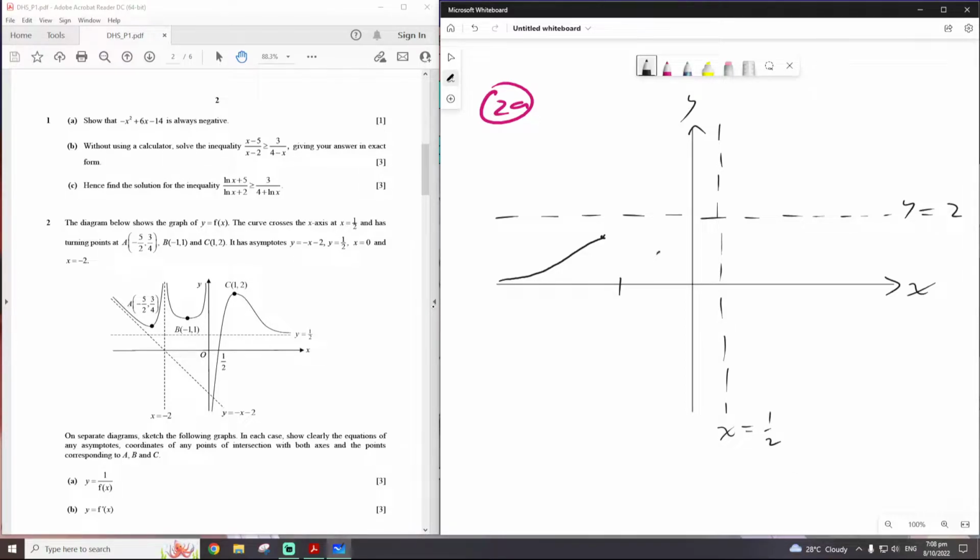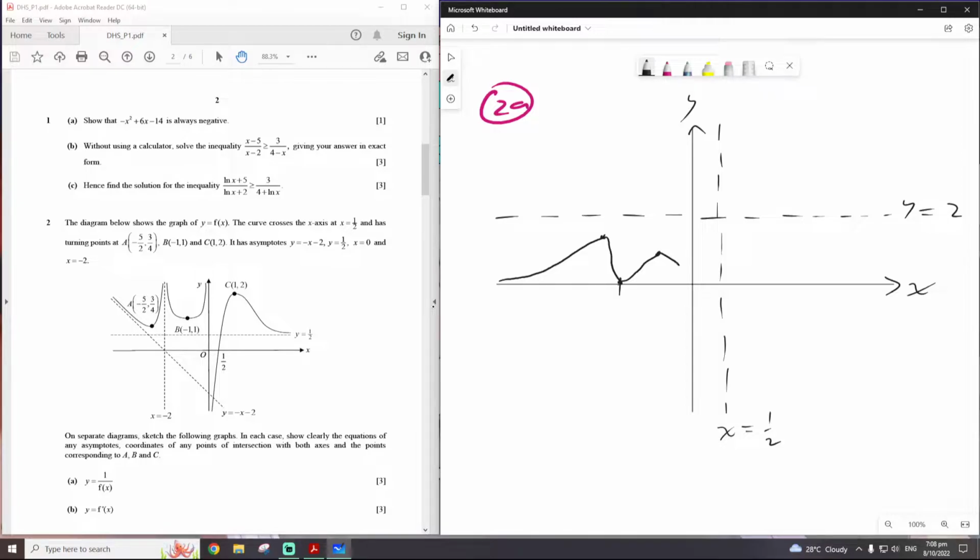Okay. So let's see what happens. So we come back down, quickly come here. Oops, how do I draw this? It will turn here and this will become the turning point. And it will come back up. And it will hit this turning point and it will come back down again.